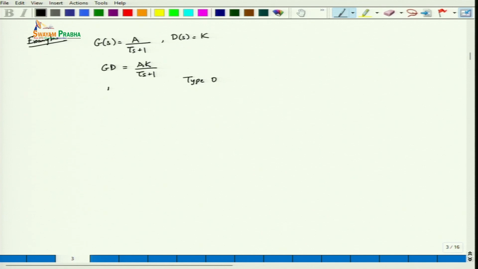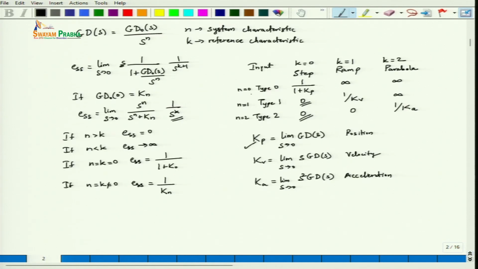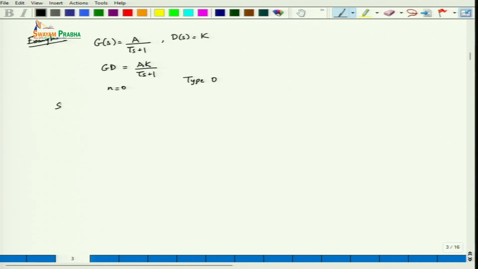So basically n is equal to 0, and in that case if we go to this previous table where n is equal to 0, for a step input the error constant will be Kp, limit s tends to 0 of Gd of s. So in that case this will be equal to A times k.